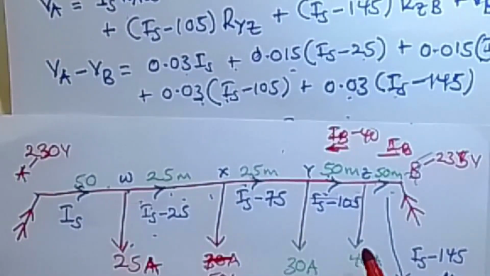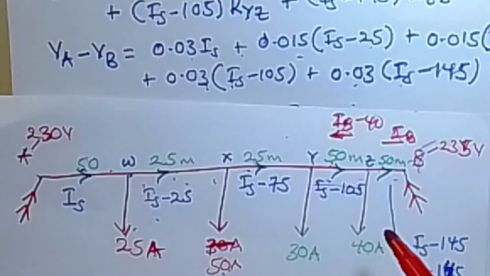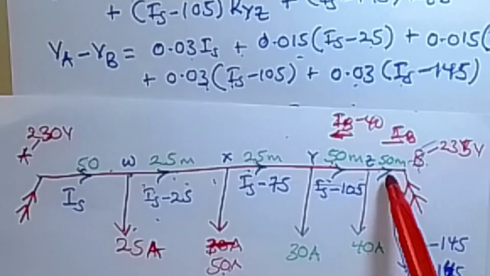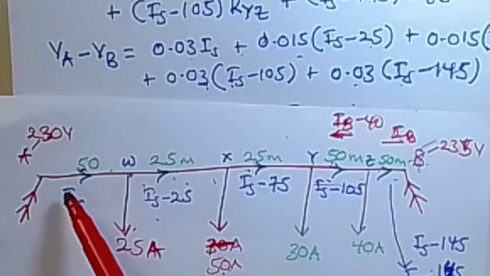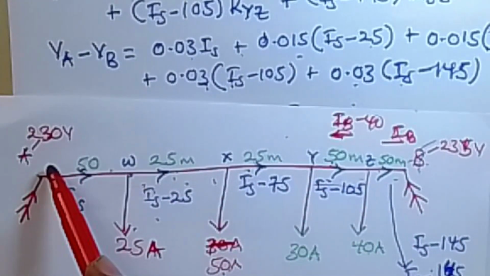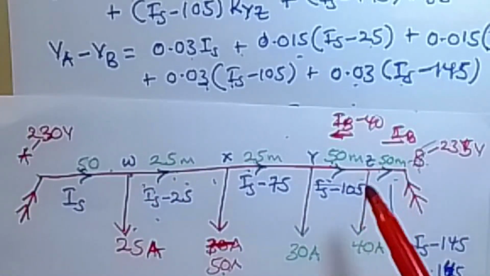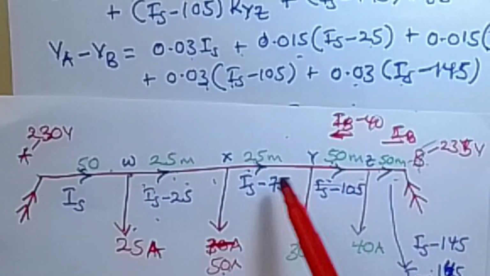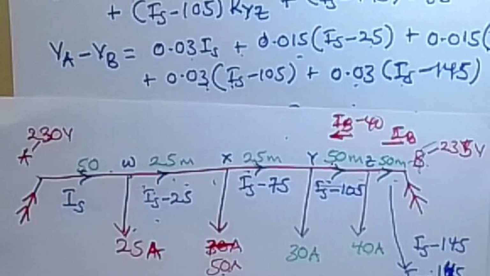Then even when you're getting your voltage drop, you say VB is equal to the sum of drops along this section plus VA. So you remain with VB minus VA equals the sum of the individual drops. But no matter the side you start with, the answer you'll come up with is going to be mathematically the same.